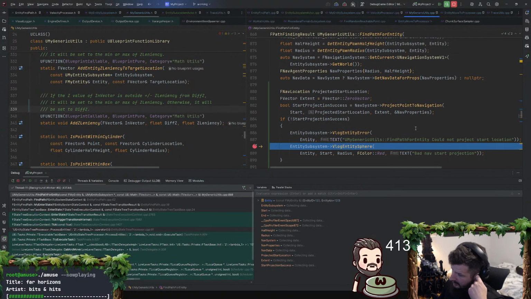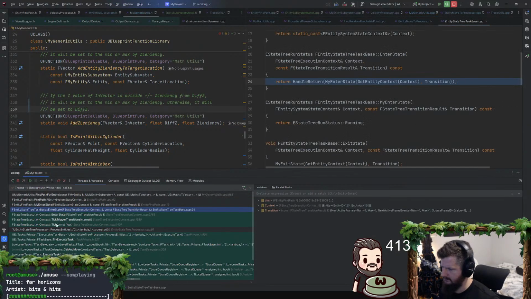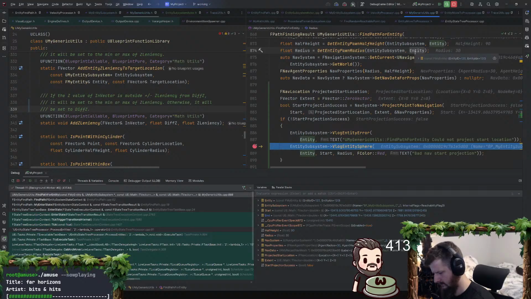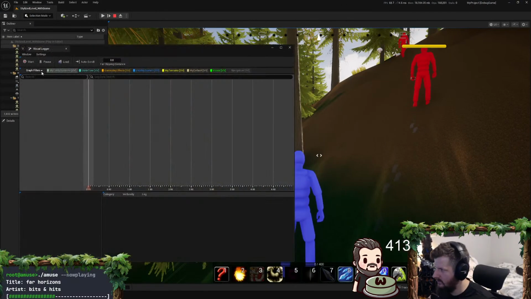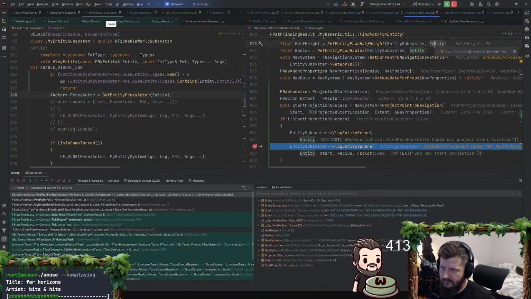Could not project start location. Okay, so this is actually the first time I'm seeing this happen, for entity 120. Let's find entity 120. Still same entity? Yep.